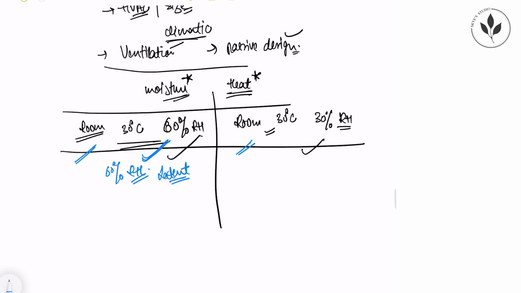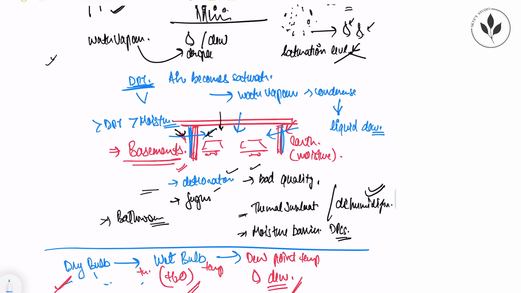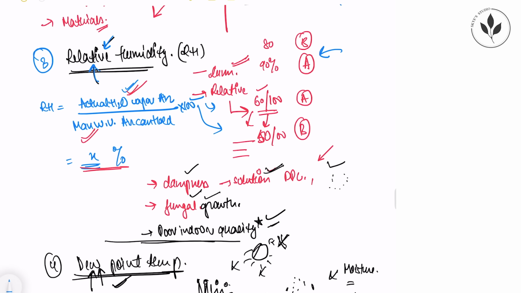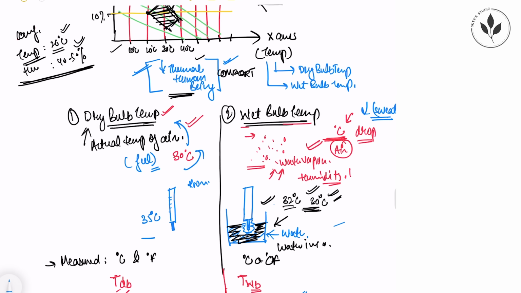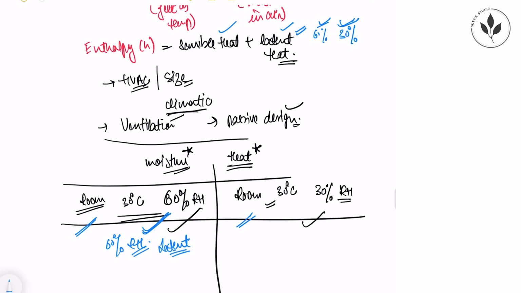Fine. So this is what we studied: enthalpy, dew point temperature, relative humidity, dry bulb temperature, and wet bulb temperature. The thing that we discussed about the human comfort level, let me explain this further.